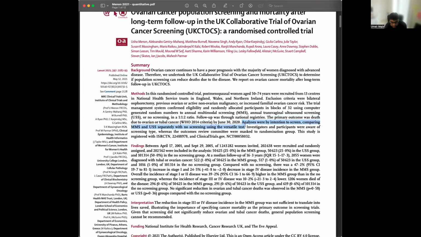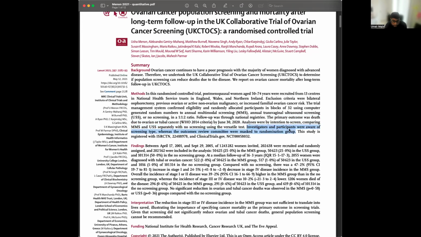Then analysis was also done. Analyses by intention to screen, comparing the two groups separately with the control group using the versatile test. And then it talks about blinding, masking and blinding.